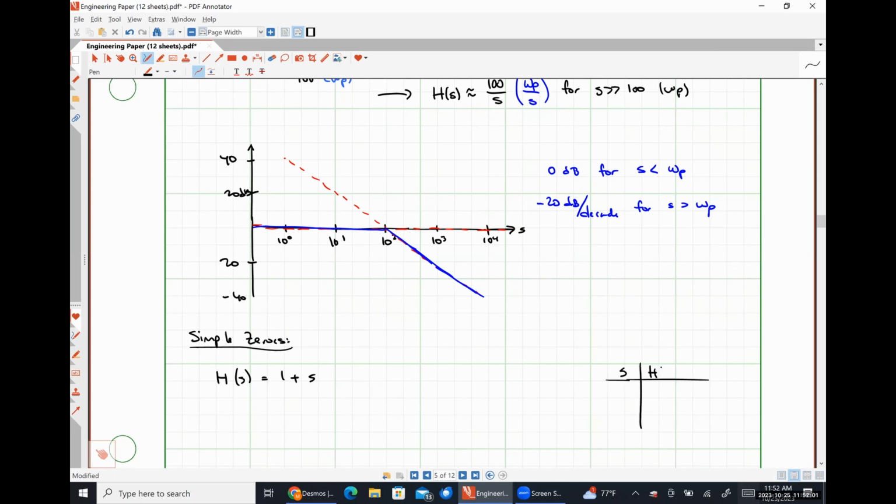So here's s, h of s, and then 20 log h of s. So let's start at 0.01.